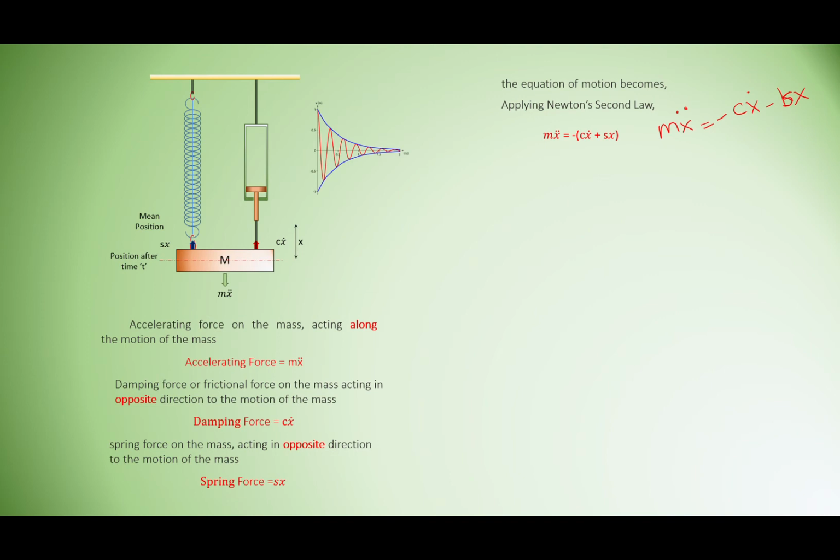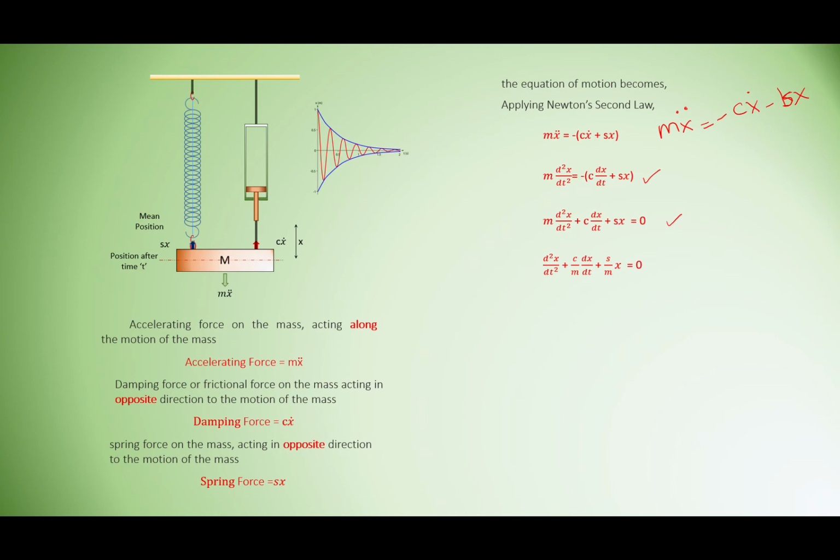Or we can write it in differential form. The x double dot is differentiating the displacement with respect to time twice, and the velocity is differentiating the displacement with respect to time once. When you bring the terms on the right hand side over to the left hand side, you will have this equation, equal to 0 on the other side.